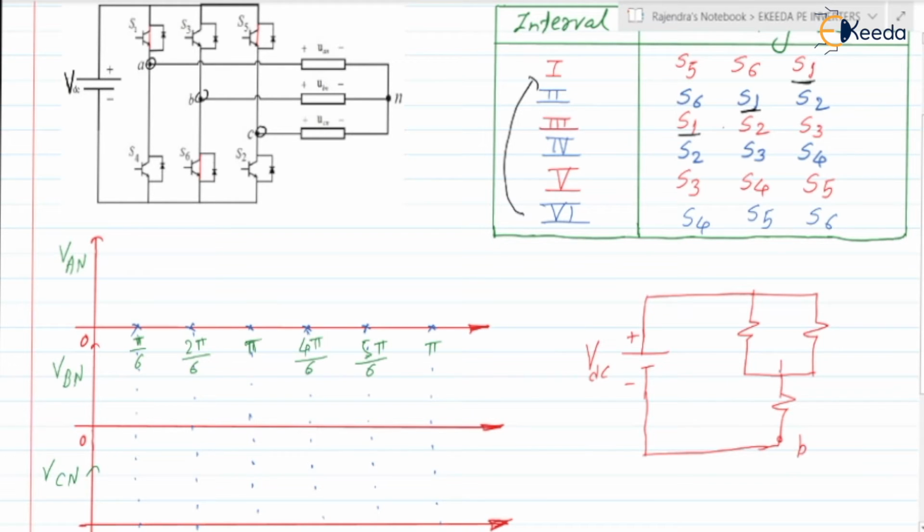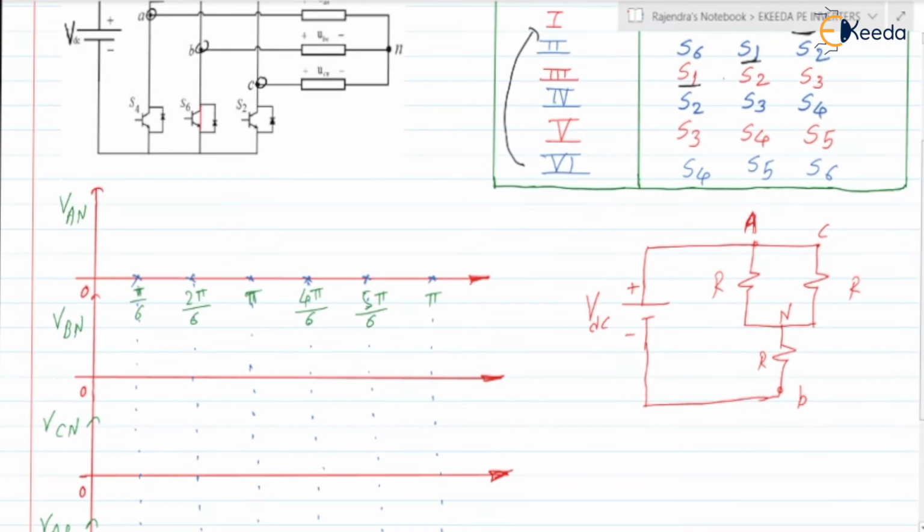This is phase B, this is the neutral point. Suppose the load is balanced, so in all three phases we have the same resistor. A and C are connected to the plus VDC, B is connected to the minus VDC, and in between we have the three phase load.